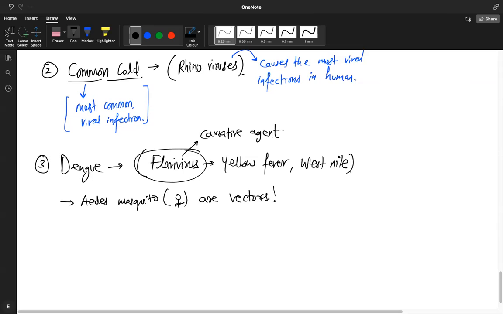And what happens in dengue? What are the symptoms? What are the symptoms of dengue? So fever. Yes, fever is always there. Okay, so one is fever. High fever happens. The body aches, so bones and joints and muscles, they pain.